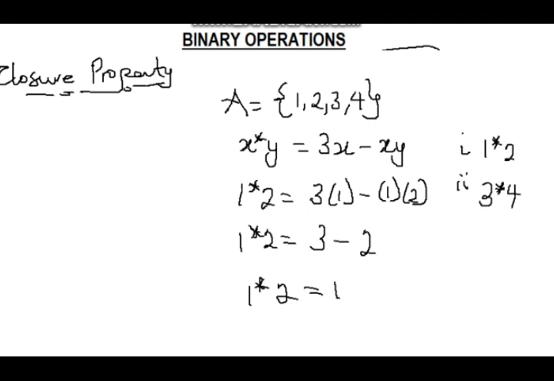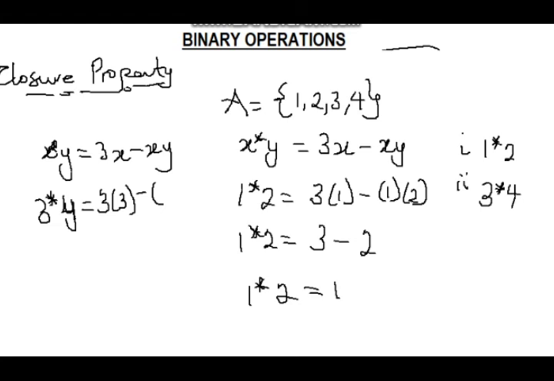Now let's take 3 and 4. We have x star y equal to 3x minus xy. So 3 star 4 is equal to 3 bracket 3 close, minus bracket 3 and 4.